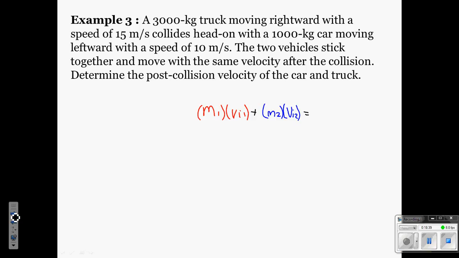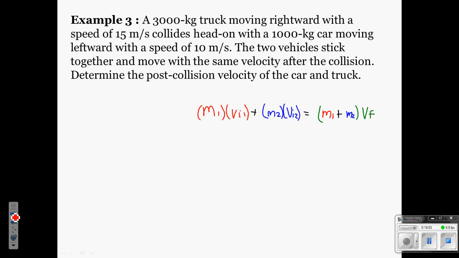But on the right side of the equation, we have to take the masses of our two different objects and add them together because they have become stuck together. And we're going to multiply it by their final velocity. Okay, so there's our formula, and I'm going to plug in.